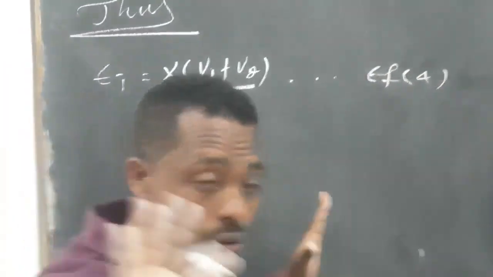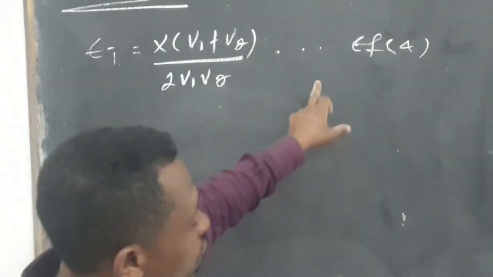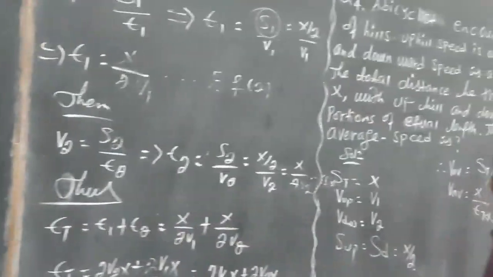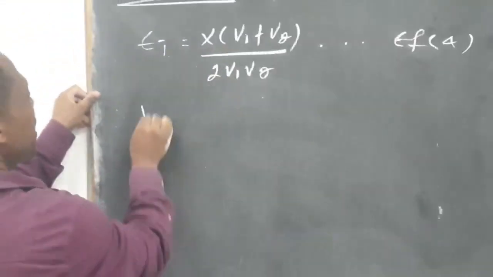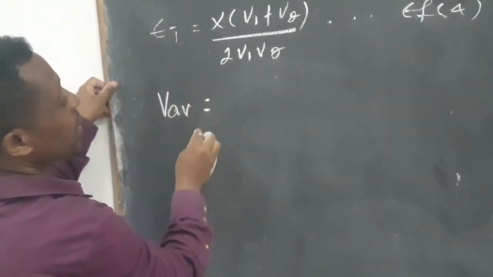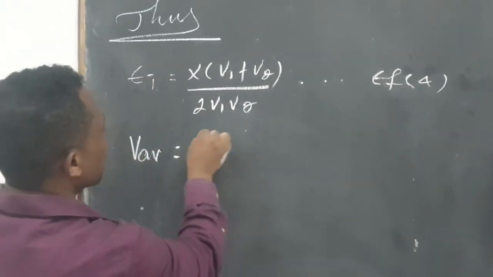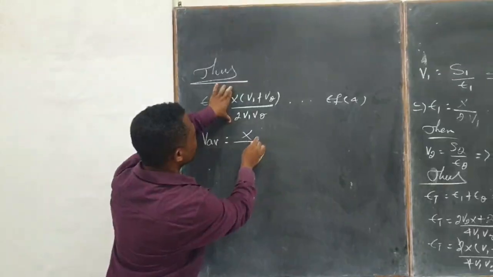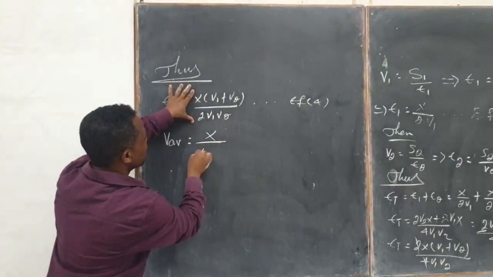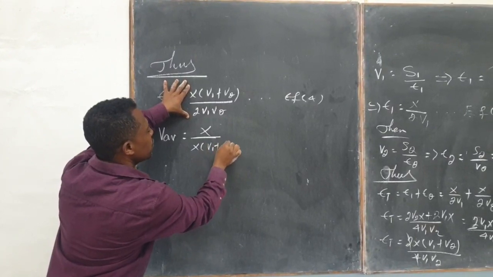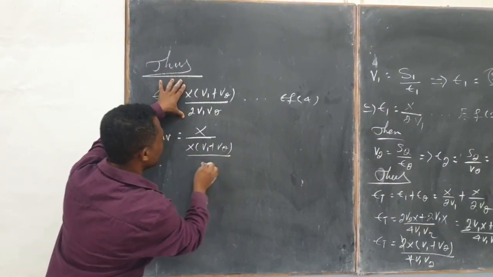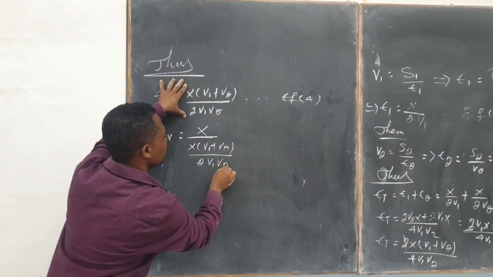Now what you have to do is substitute equation 4 into equation 1. The average speed becomes x over t total. Now t total is x into v1 plus v2 over twice v1v2.